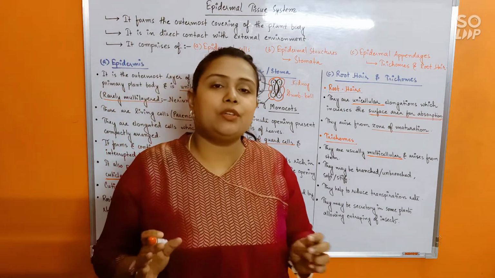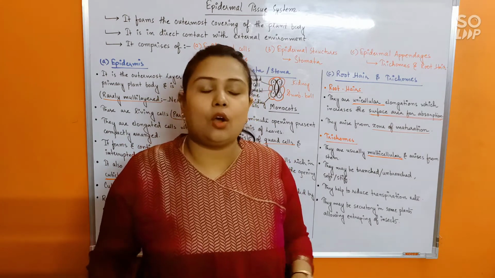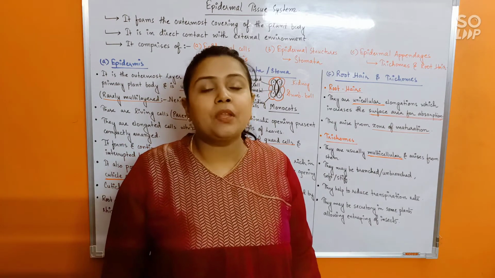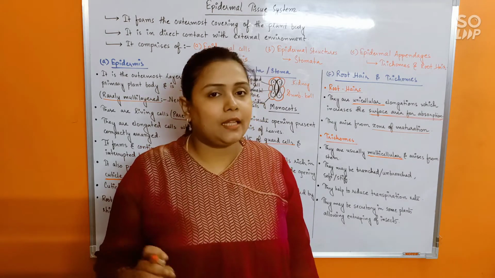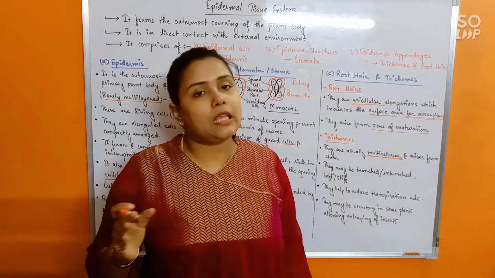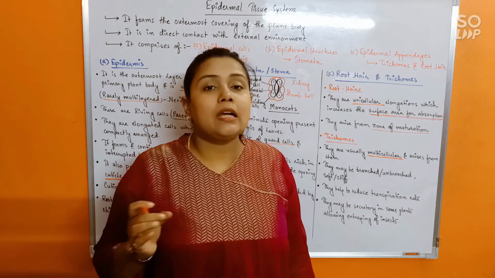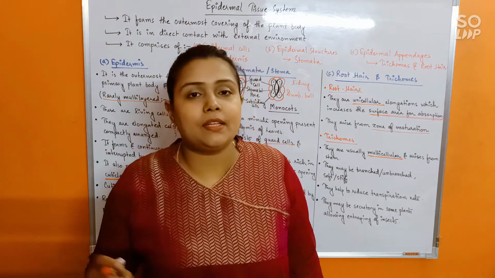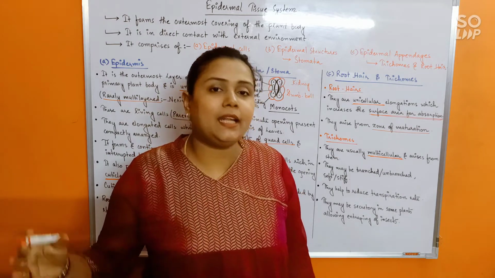So mainly what you need to remember: the epidermal tissue system forms the outer skin or covering of the plant body. Its primary function is of course protection. Now, the epidermal tissue system consists of three things. Epidermis, which is the outer skin providing protection, consisting of living parenchymatous cells, mostly single layered, very compactly arranged.